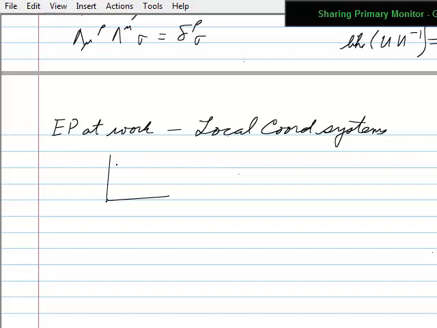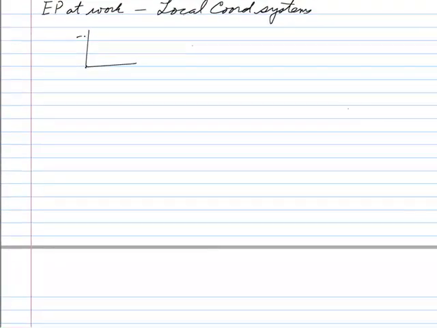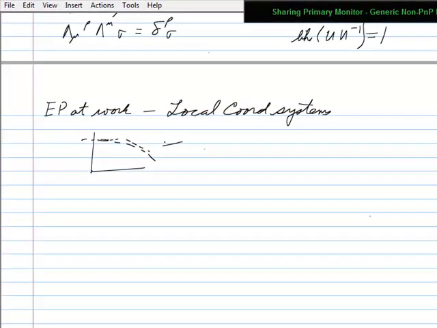But now we get stuck by the equivalence principle. If I'm sending my laser light out, it actually bends in the gravitational field. And so we're going to start running into difficulties. And so this is surveying with light.